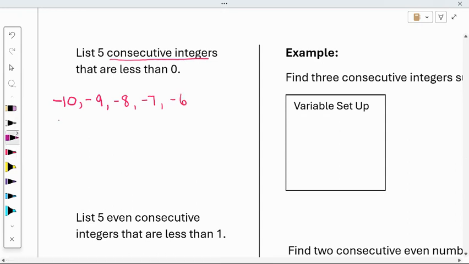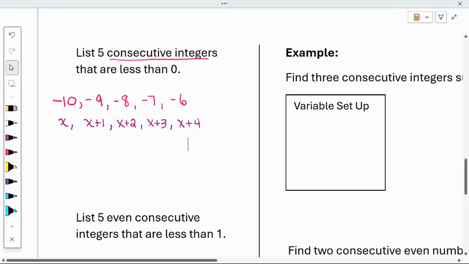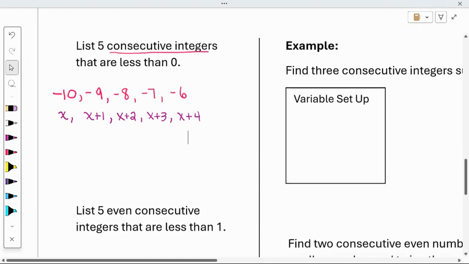So if we were to identify these, we would call it x, x plus 1, x plus 2, x plus 3, and x plus 4. Remember that you can have negative numbers, right? So I just want you to think about this. Negatives are always the ones that really trip you up.